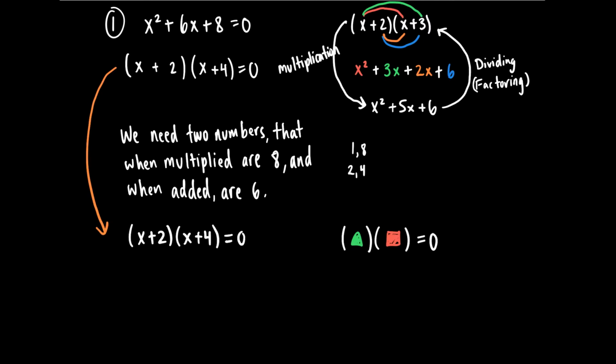If you multiply two numbers and you get 0, I'm going to say that at least one of these two numbers is 0.